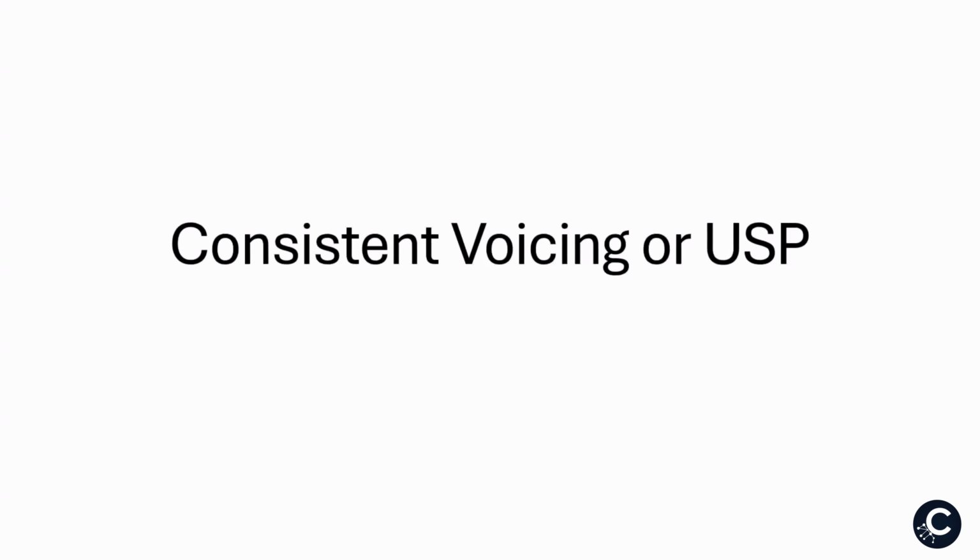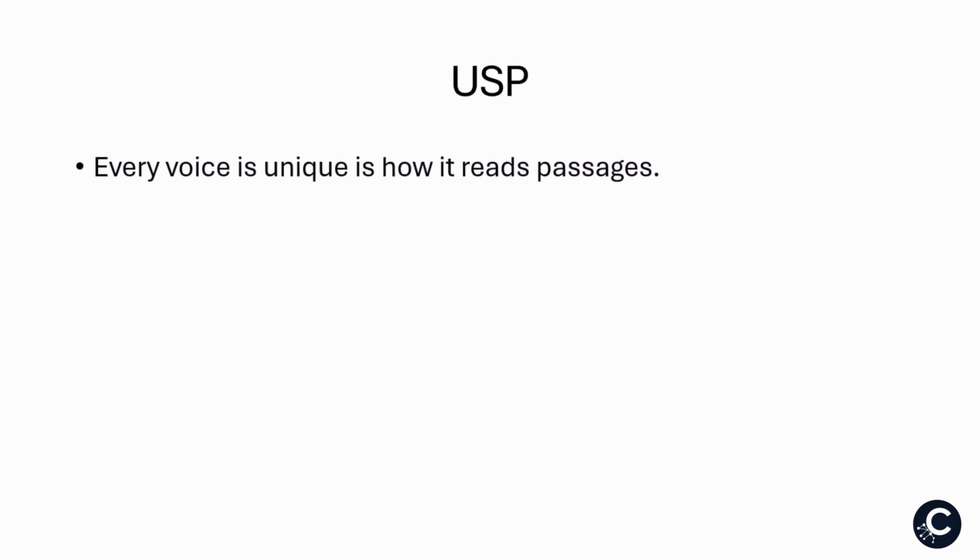We're talking about consistent voicing for your voice using 11 Labs. And every voice is going to be unique in how it reads the passages in the software. So what you're going to find is that when you run something through 11 Labs and you give it a text to run, it's going to read it differently depending on which voice you use. So if you put maybe a male voice in there, or you put the Antoni voice in there, it's going to read it a certain way.